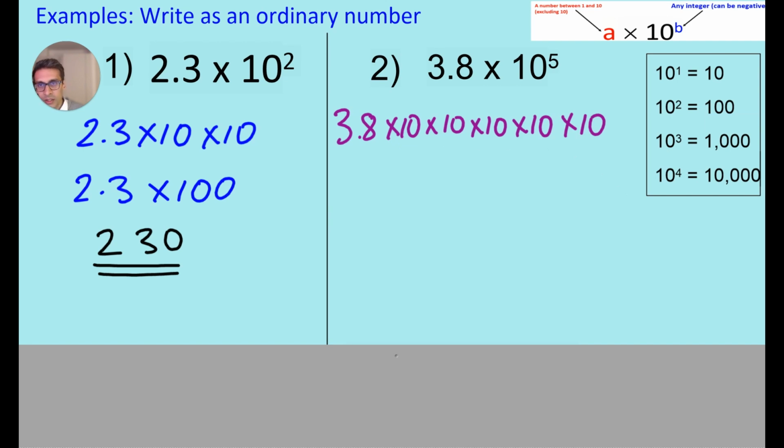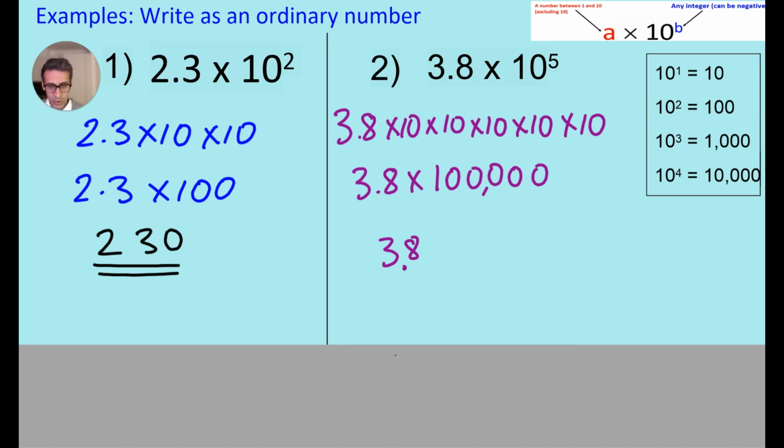Now we can simplify this very slightly, so this is 3.8 times 1, 2, 3, 4, 5. So we can see the number is actually 100,000. 100,000 times 3.8, you're going to get 3, 8, and the decimal moves 5 places. So it starts here.